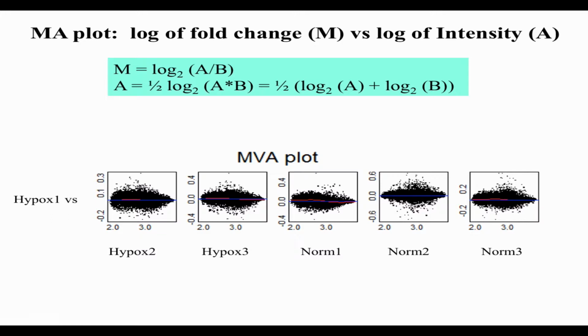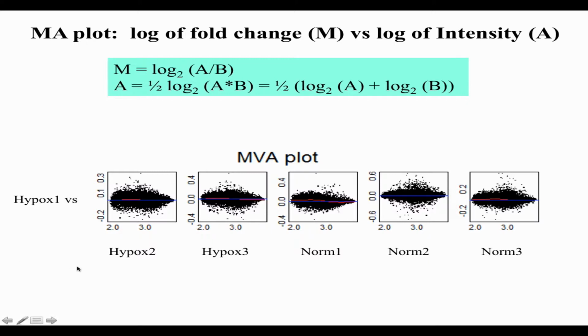So the M-axis is the fold change axis. It's just the log of A over B, the change from sample A to sample B for each gene. All of this is calculated for each gene, and you have one spot for each gene on the array. This is already after we've summarized the probes into one number to represent expression of that gene on that array.